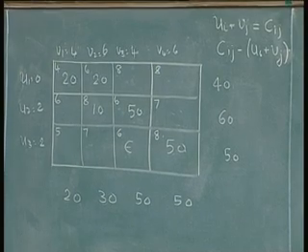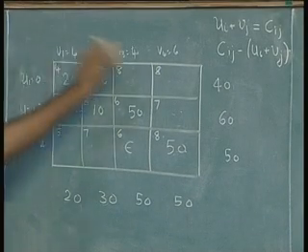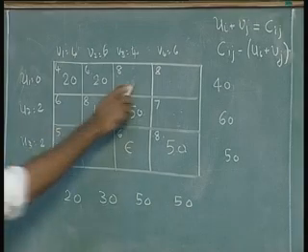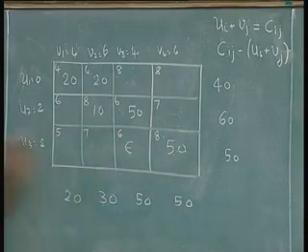Now we go back and find out the Cij minus (ui plus vj) corresponding to the 6 unallocated positions.